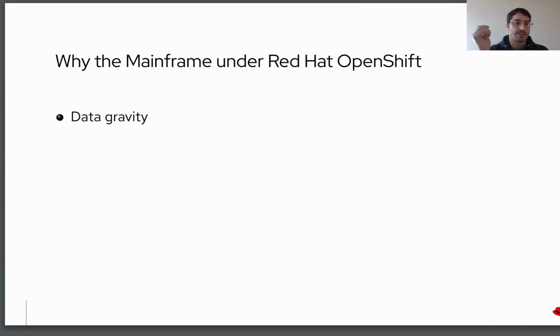Another advantage is low latency, which is very difficult to have if you have multiple systems, one with your application on x86 and the other one with the mainframe and data. So putting it all together will mean lower latency.